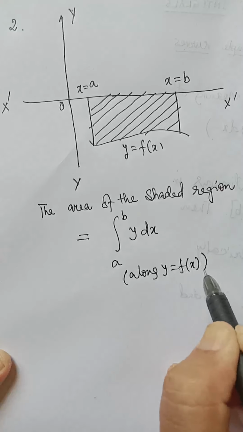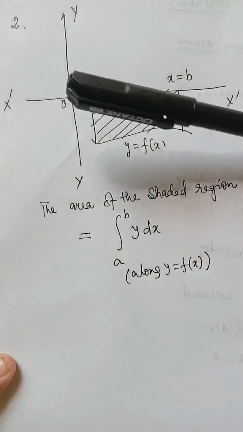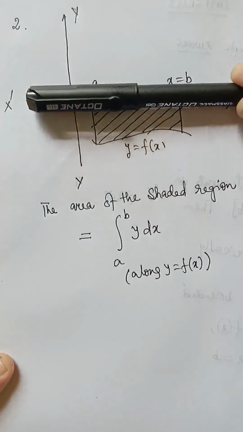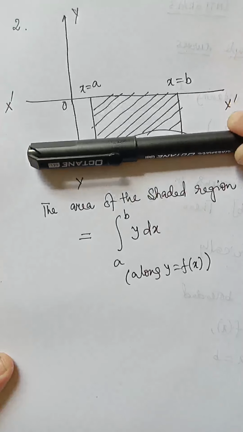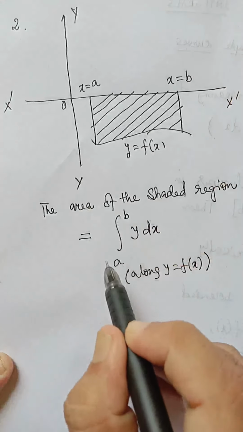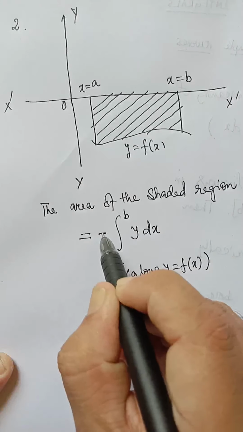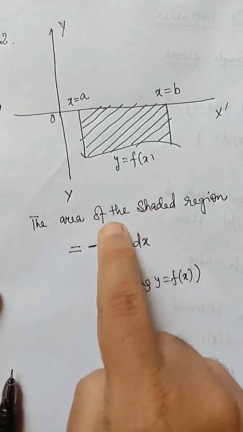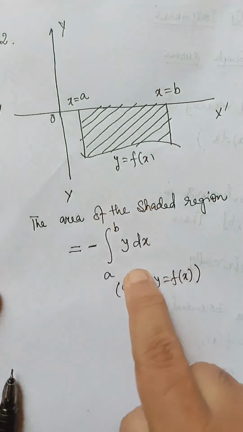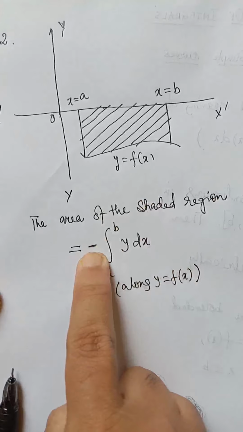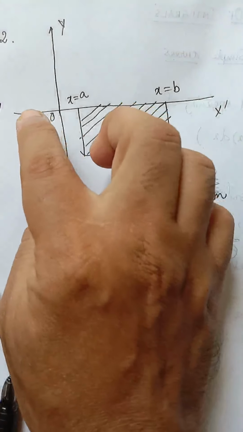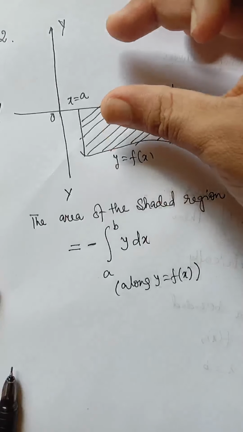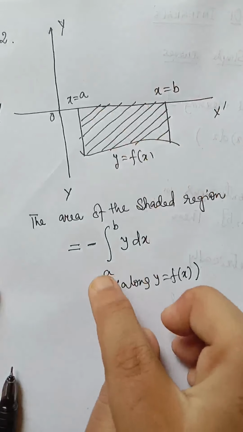But what we have to remember is, if we are considering the x-axis as one of the boundaries, and if the particular region lies below the x-axis, we have to put a modulus sign or minus sign, because if we find this without adding a minus sign, the answer will be negative. To make the result positive, we add a minus sign. So if the region lies above the x-axis, area will be integral a to b y dx.